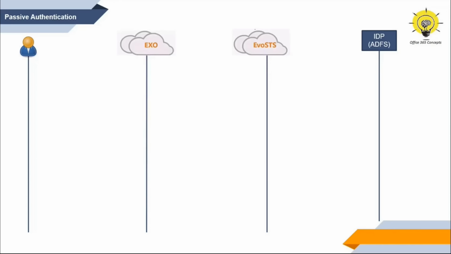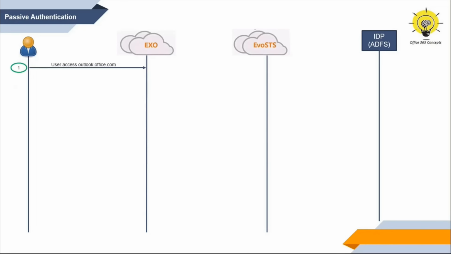Evo STS is the STS point, or the security token service, for Office 365. And IDP is the ADFS server of the organization that this user belongs to. So let's see how this user will be authenticated. The user will enter outlook.office.com in the browser.